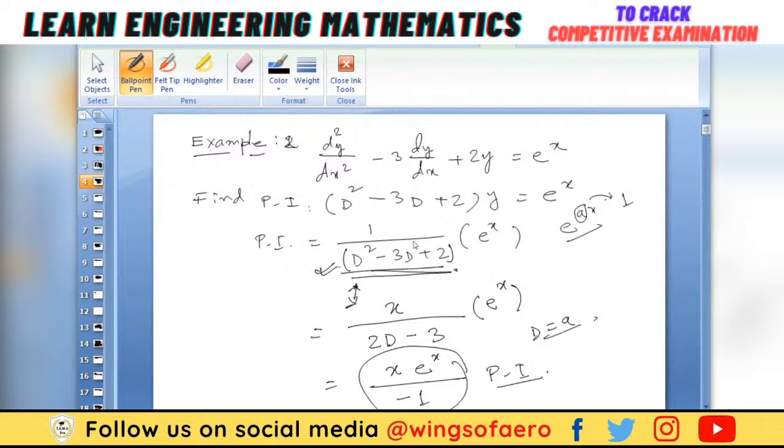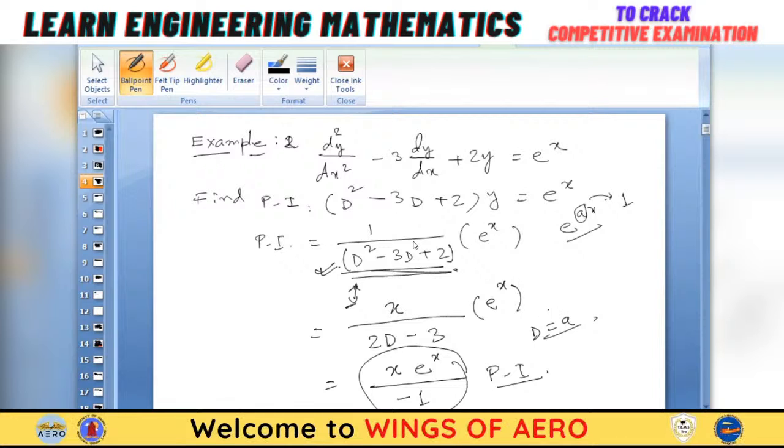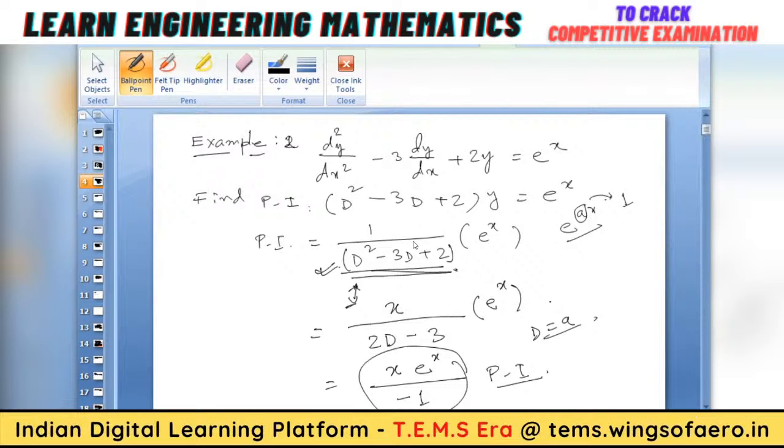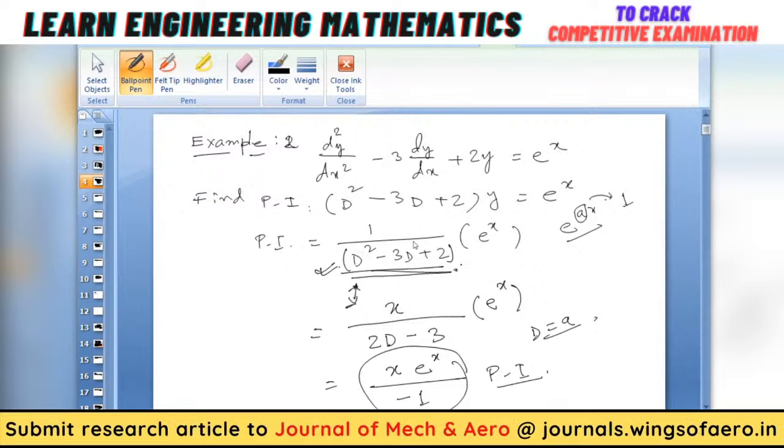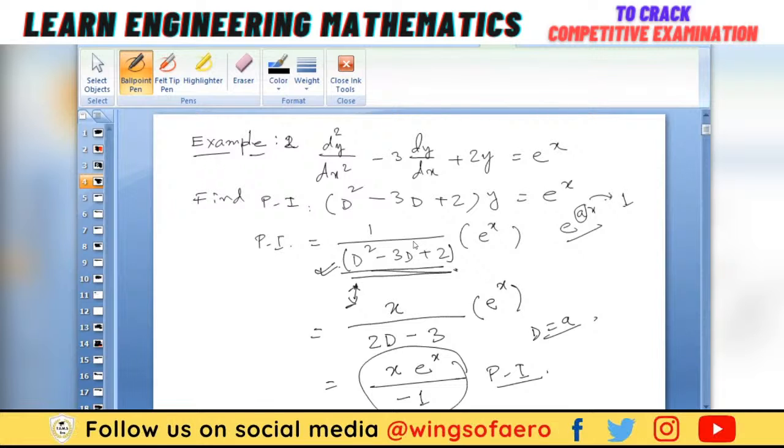Sir, why can't PI be not defined? Why do you solve like this and not put the answer as not defined? No, no, this is not the actual way to find out the PI. This is just the formula.